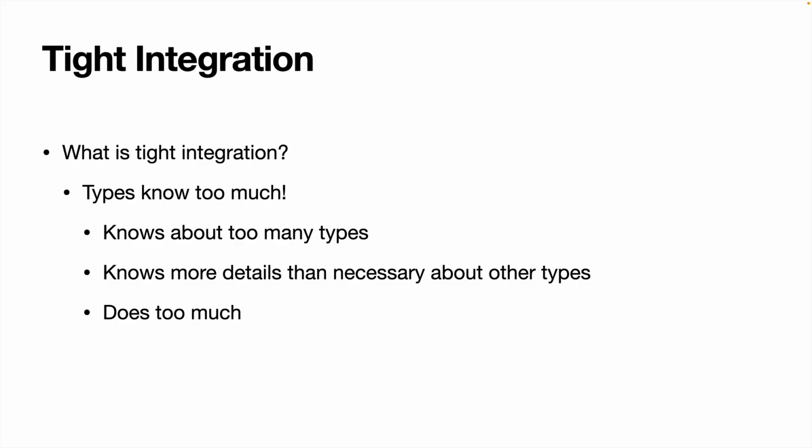And that's a way of breaking tight integration. If you have a class that depends exactly on these other classes, and you have to build those classes at certain times, it makes everything difficult to break apart later.